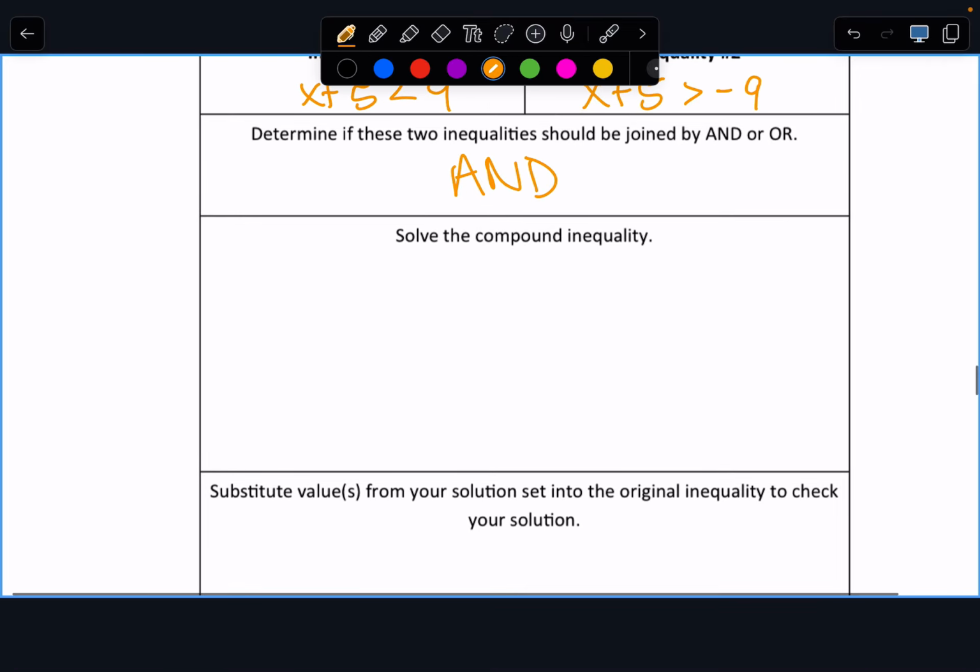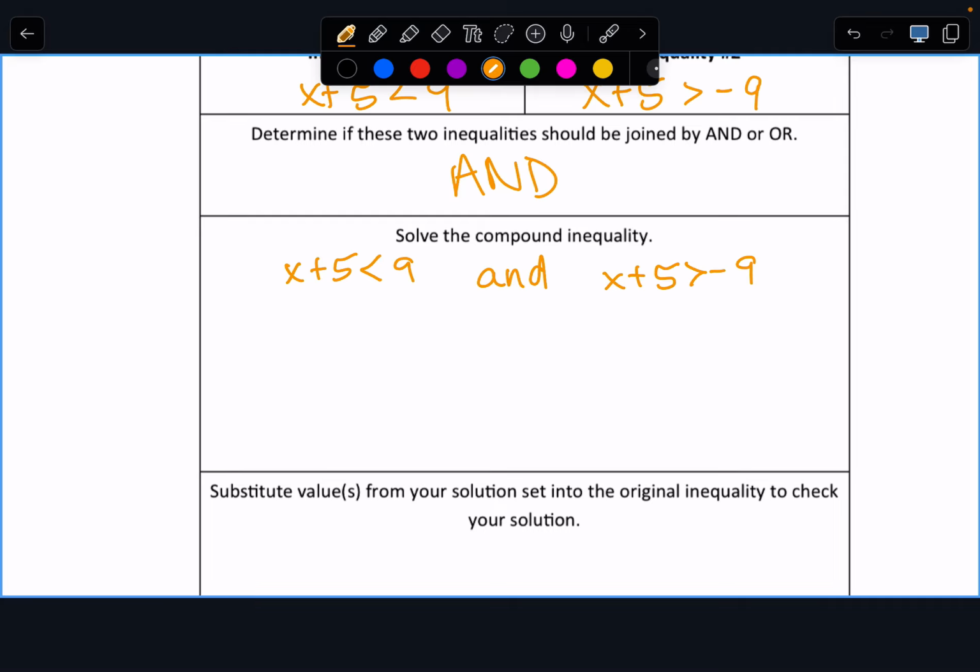So we have x plus 5 is less than 9 and x plus 5 is greater than negative 9.